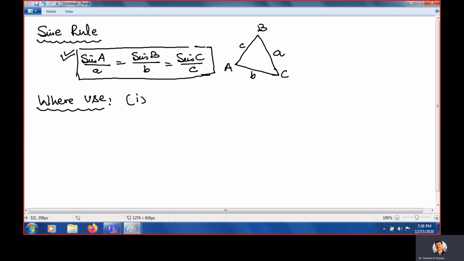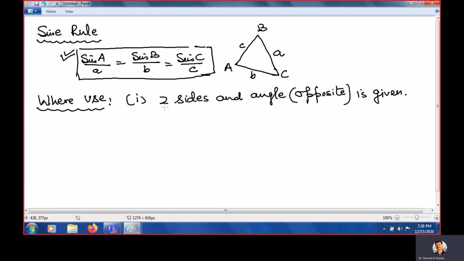Number one: if any two sides and an angle, and what is that angle? The opposite angle. Clear? Is given. This is case number one.